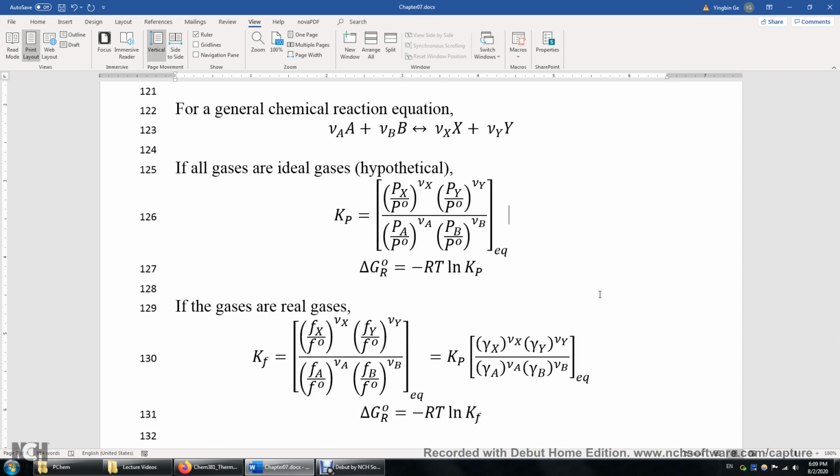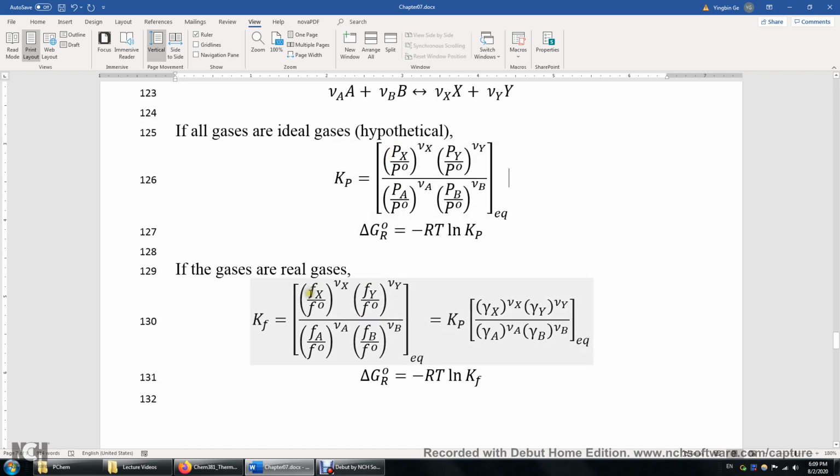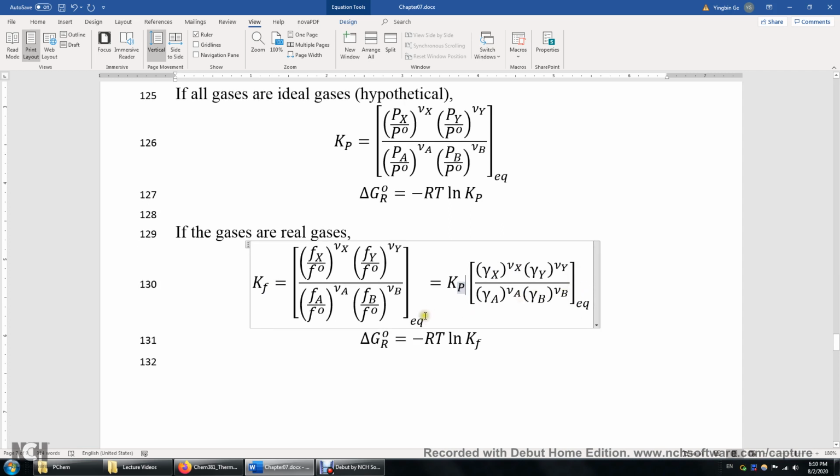Now we have equilibrium constant of fugacities. When we are talking about fugacities, we simply replace every P with f, the fugacity. That's it. And then we can tell that this Kf is proportional to Kp. But Kf is Kp times something else. Over here, we have the fugacity coefficients of X, Y, and B. They all play a role here. And then in this case, when the chemical reaction involves real gases, the more accurate equation is this.